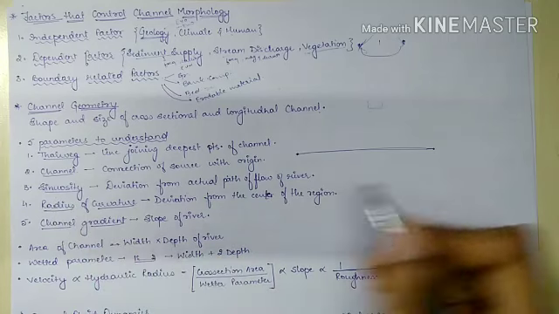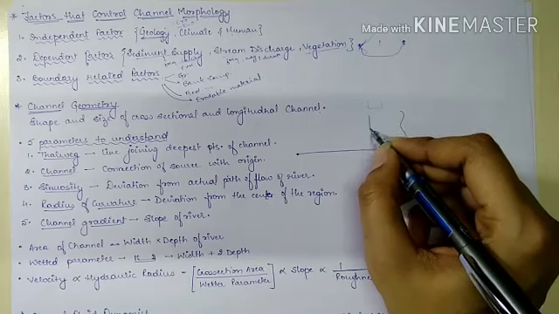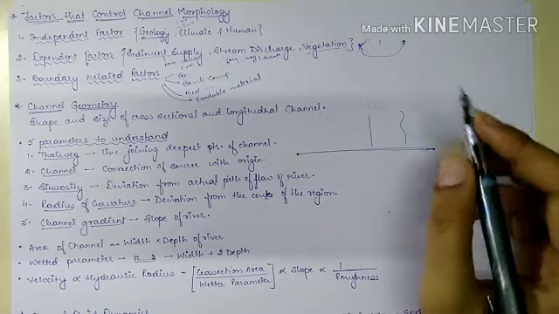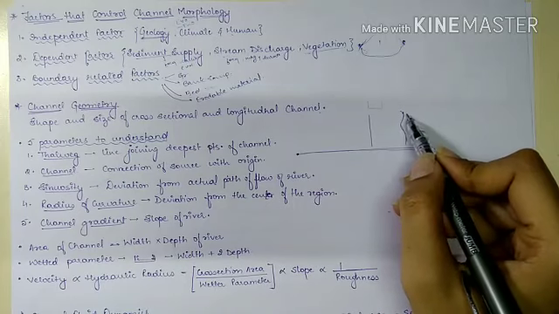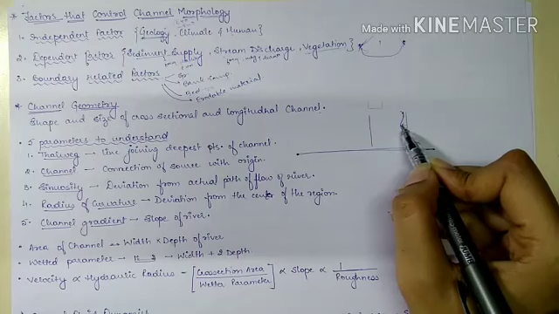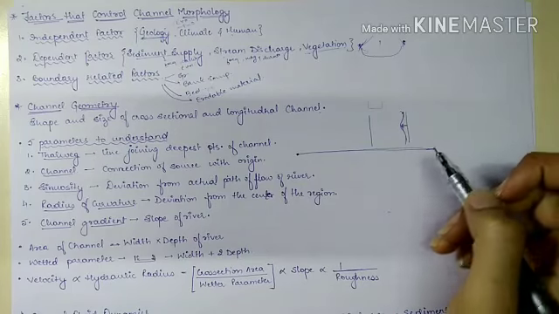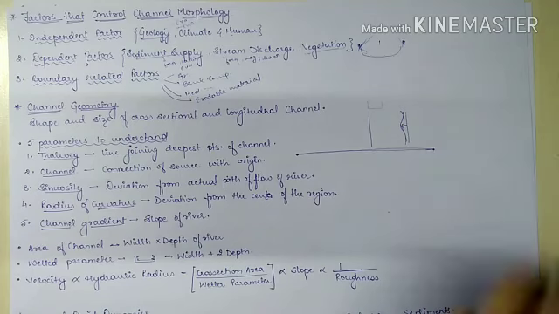Next is sinuosity. See, this is the normal path of the river which it should take, but it gets deviated. So the ratio of deviation from the actual path is known as sinuosity of the river flow. Next is radius of curvature.